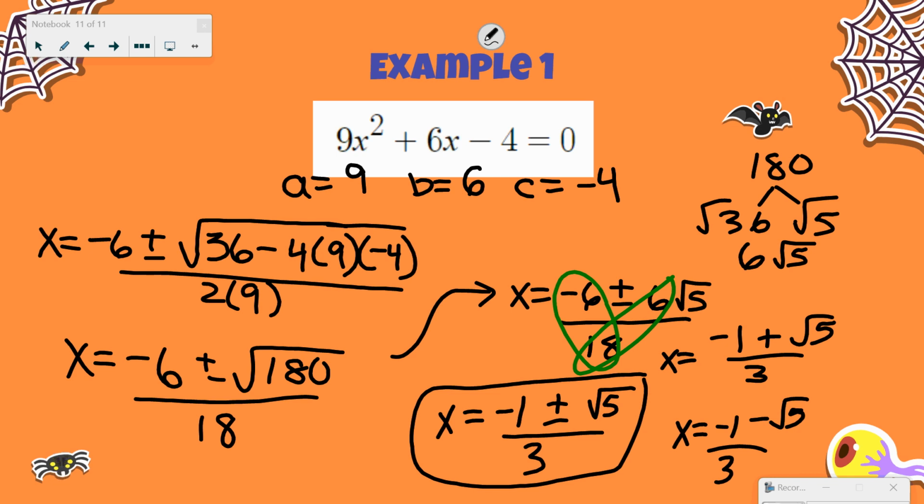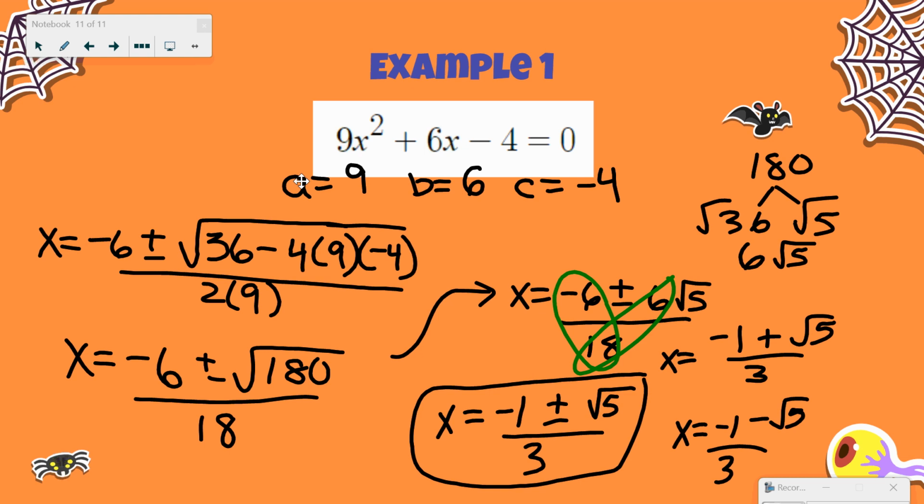Notice that if I did have a nice perfect square for a square root, I would continue and do those operations. Like if this was supposed to just be a 1 here, I would do negative 1 plus 1 and divide it all by 3 to get one solution. And I would also do negative 1 minus 1 all divided by 3 to get the other solution. So, up to you for however you want to show your solution types.